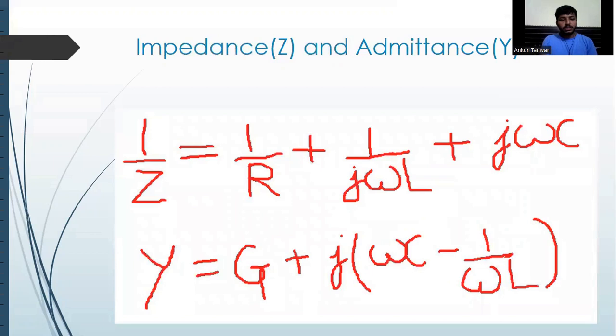Here we can derive the impedance: 1 by Z equals 1 by R plus 1 by j omega L plus j omega C. Then 1 by Z is equal to Y, the admittance, and 1 by R is equal to G, the conductance. Then Y equals G plus j times (omega C minus 1 by omega L).